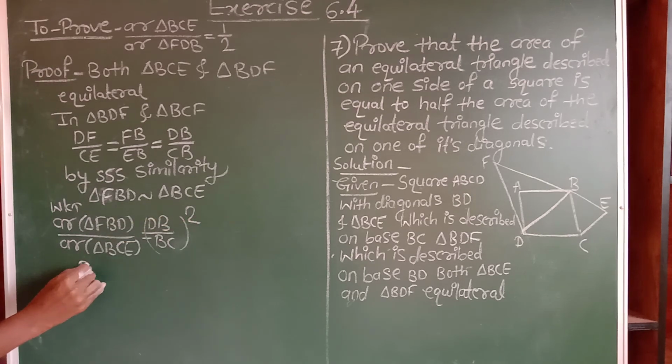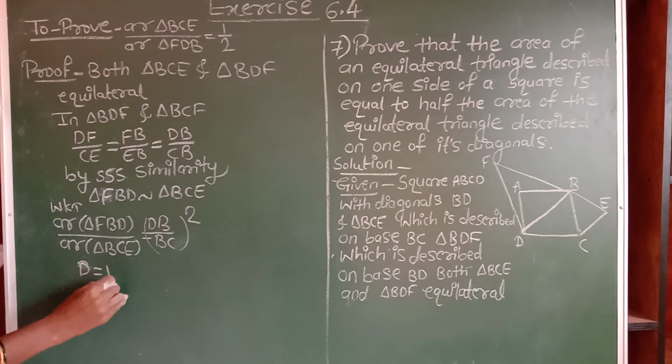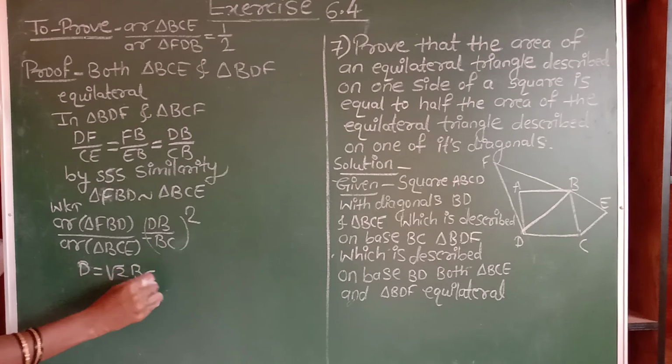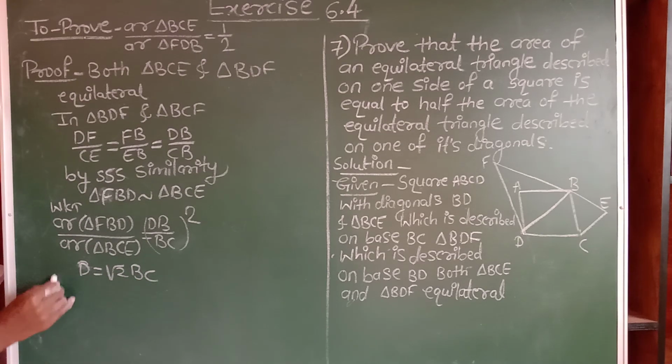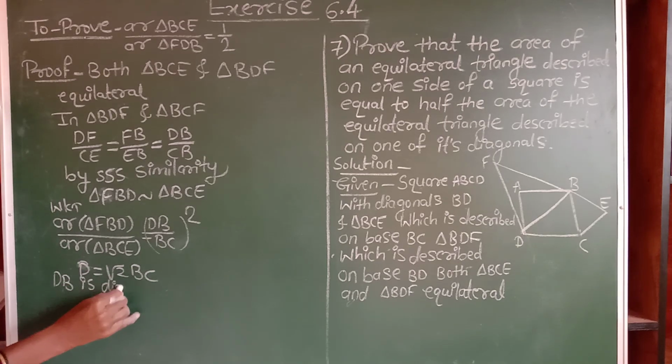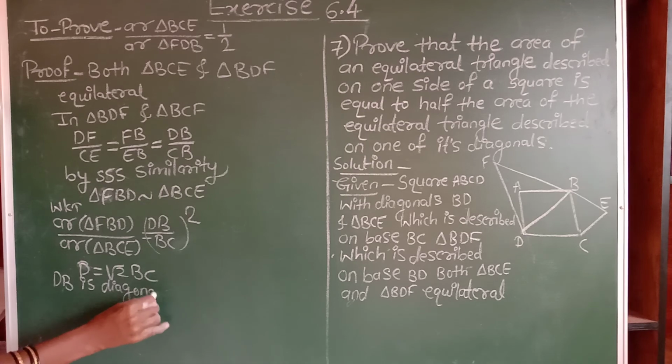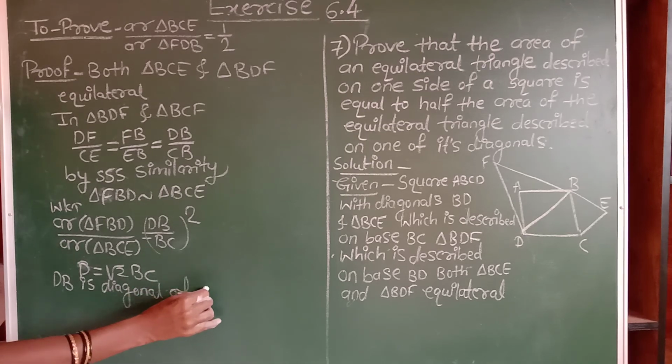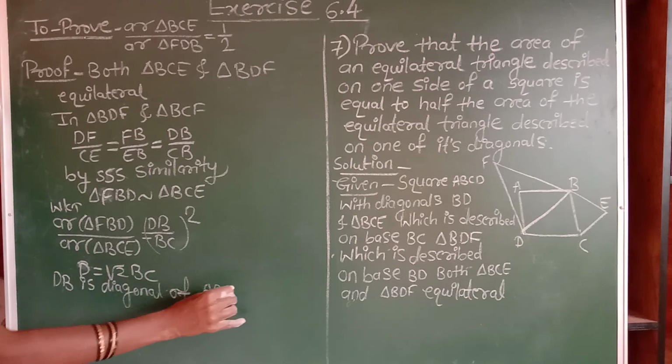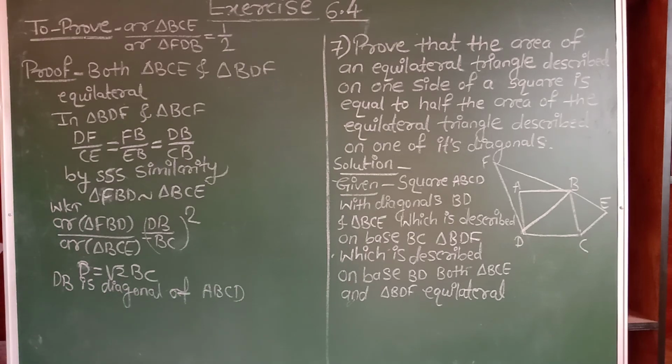But DB is equal to root 2 BC, as DB is the diagonal of square ABCD.